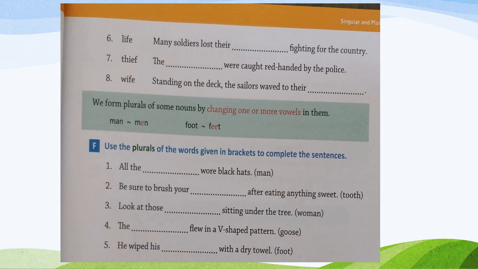Seeing the words, you know that they are formed by changing one or more vowels. So man will become men, tooth will become teeth, woman will become women, goose will become geese, and foot will become feet. So you have to complete this exercise also.